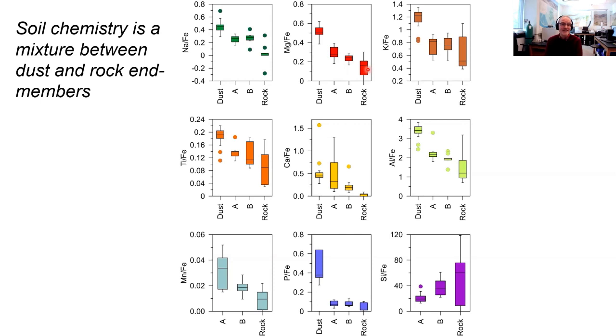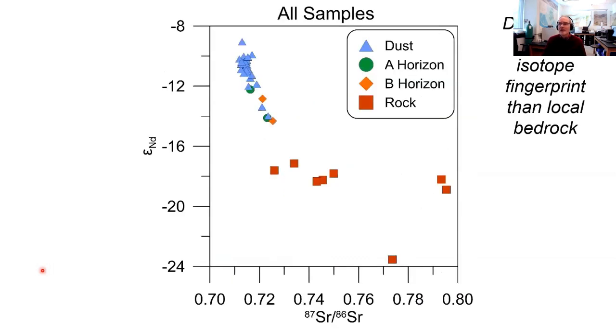But the A horizon is generally more similar to the dust than the subsoil, which provides the additional nuance that these soils are being conditioned by dust deposition on the surface.